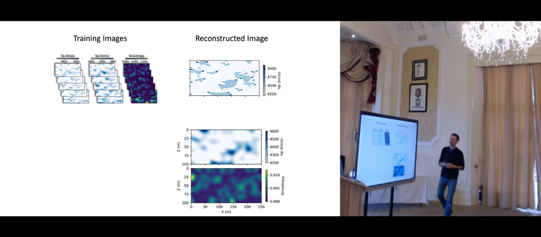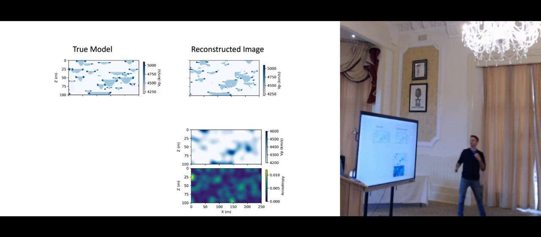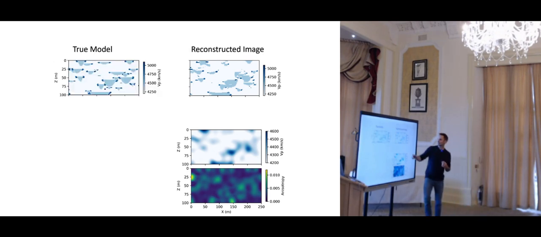And this is what we recover. We recover structures that actually look like rivers, and we can interpret them in terms of rivers. If the question is where is the river, we can actually give an estimate of that. And for reference, this was the true model here. You see some channels that we are able to recover. And this is only one realization. We can run a lot of them.